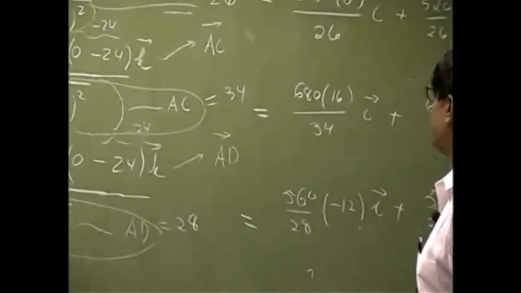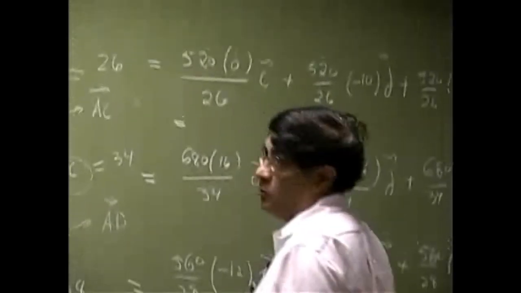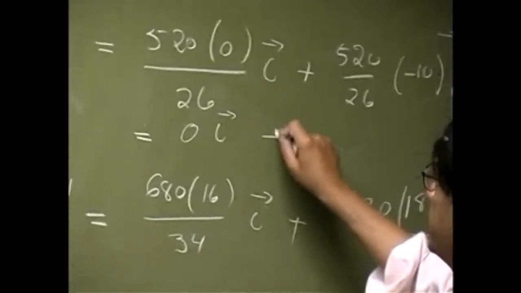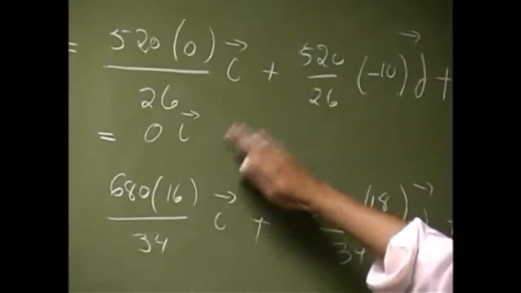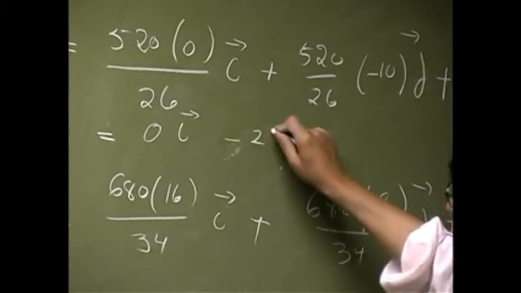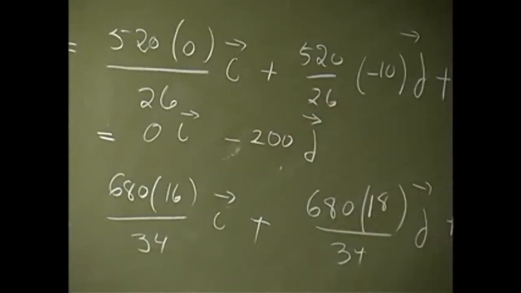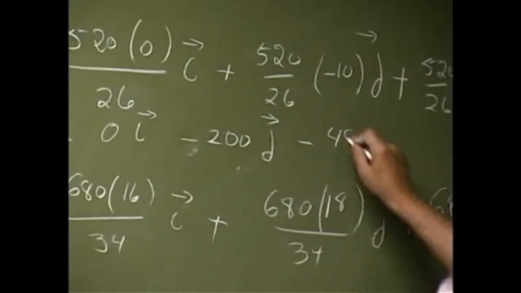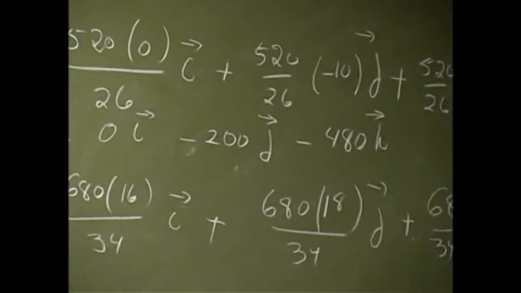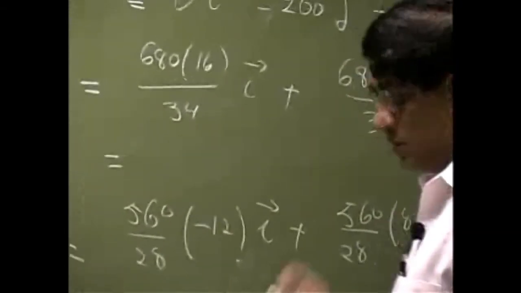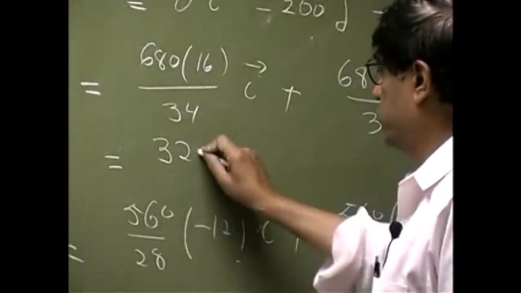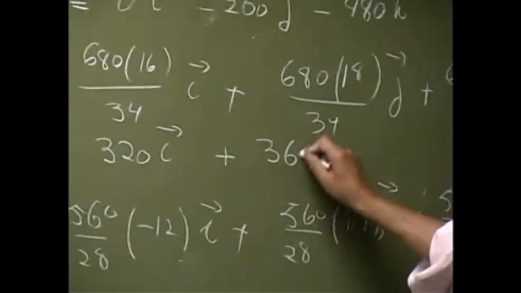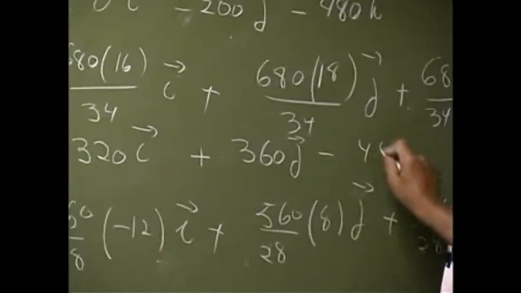So the first is going to be equal to 0 times i, and this is going to become negative 200 times j, and that's also negative 480 times k. Then this one here should give you 320 i plus 360 j negative 480 k.